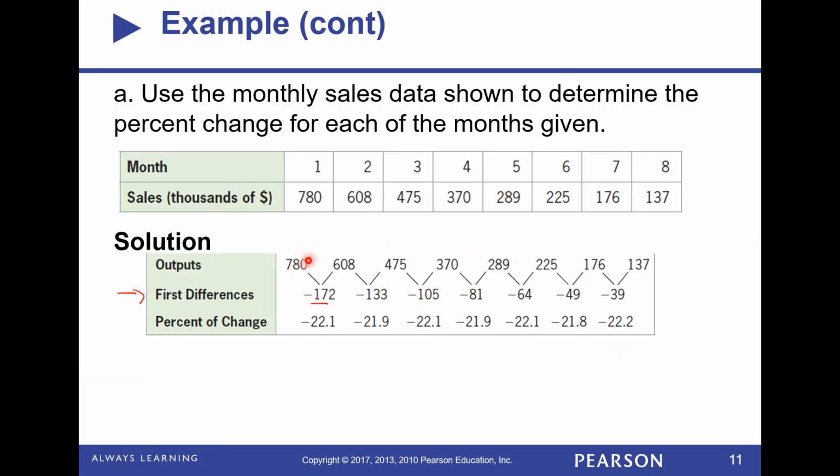So like this one, I'm going to divide by this, and that's where I got that negative 22.1. I took that negative 133 and divided it by 608, which is where I got this here. So if I take a negative 105 and divide it by 475, that's where I get the negative 22.1% here. And again, that's my percent change.